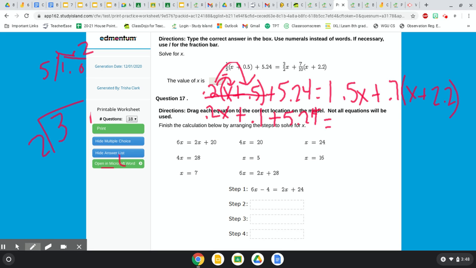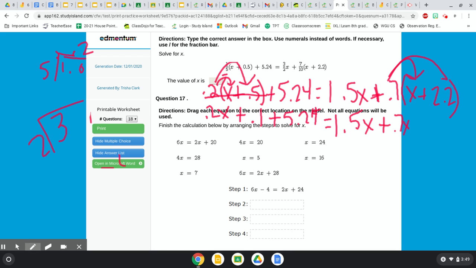So I'm going to take 0.7 times x, but before I do that, I'm going to bring down this 1.5x just so I don't forget, because I'm not using it right now. So now I'm going to take care of this distributive property. I have a positive 0.7 times x, so that's a positive 0.7x.